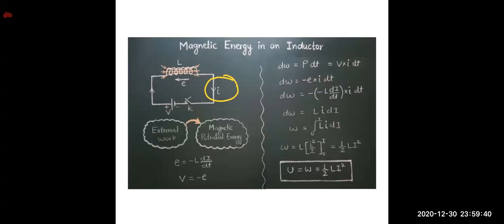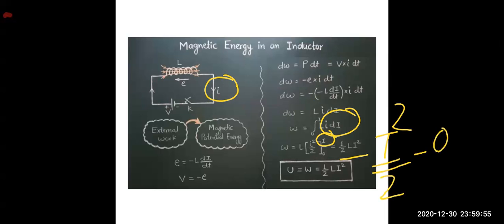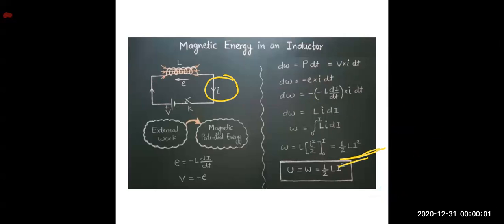So whose integration do we have to carry out? We will carry out the integration of I. The integration of I will be I square by 2. We put the upper limit I, so it will be I square by 2, minus the lower limit 0, which will become 0, right children? So here what you will get is half L I square. So this is the work done by the battery to maintain the current from 0 to I.